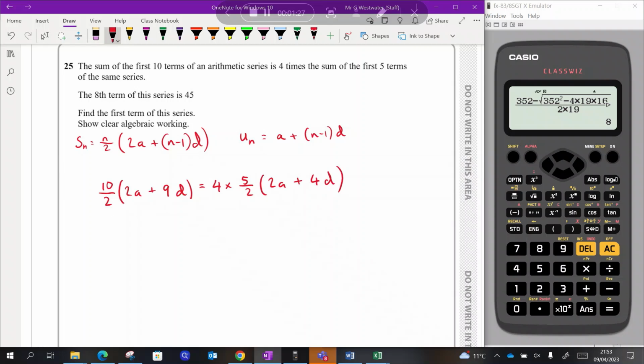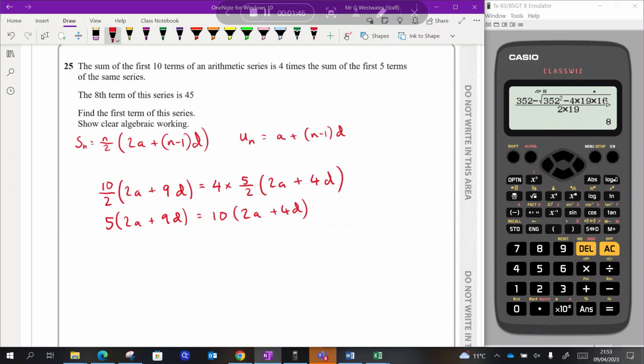So let's neaten this up and see what we've got. So 5, 2a plus 9d is going to equal 2 times 5, because these will cancel a little bit. So 10, 2a plus 4d.